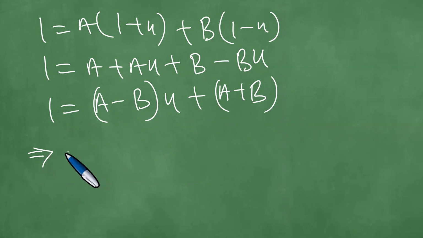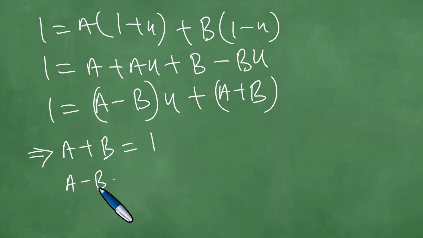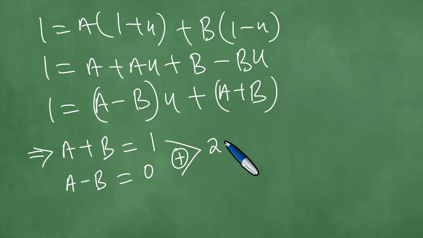And this implies that A plus B, the constant, is 1, and A minus B, the coefficient of u, is 0. If we add these two equations, A plus A gives us twice A, and the B minus B is 0, and 1 plus 0 gives 1.